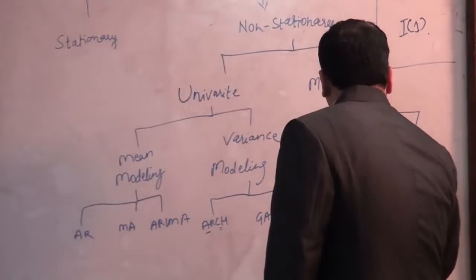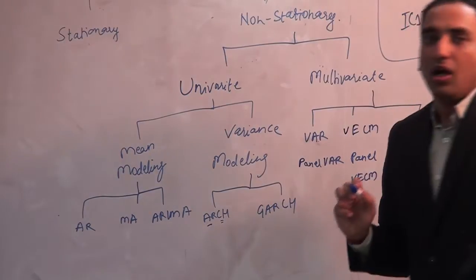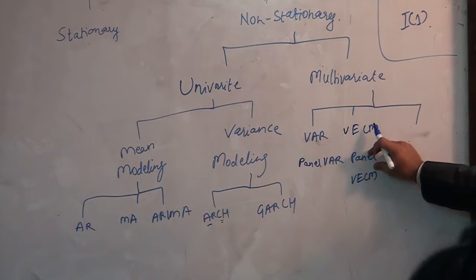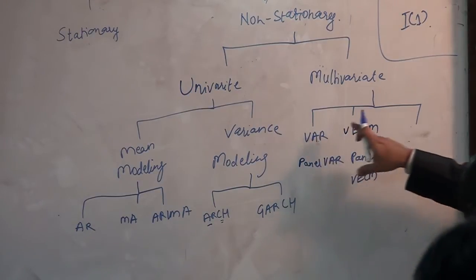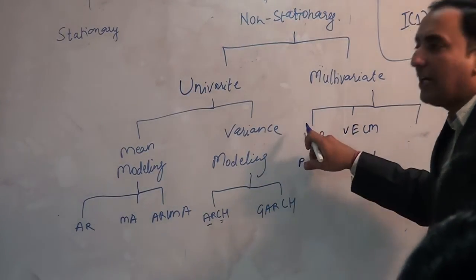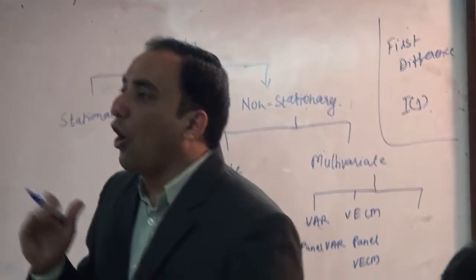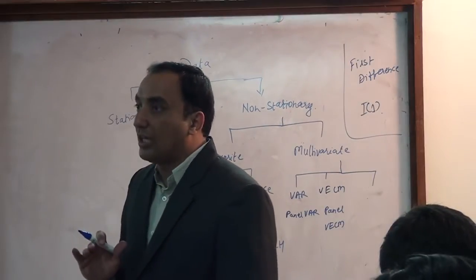Now, what happens sometimes is that in normal data we not only have the VAR term, but we also have an error correction term.